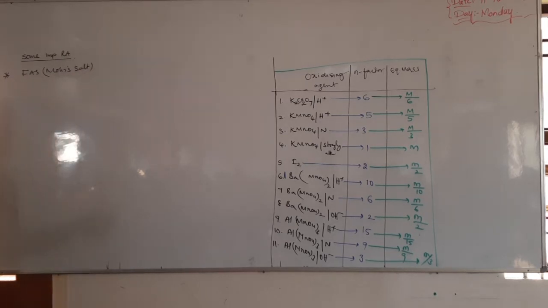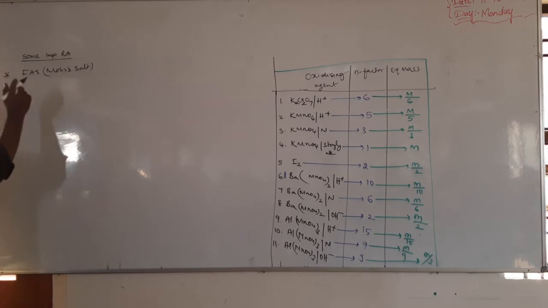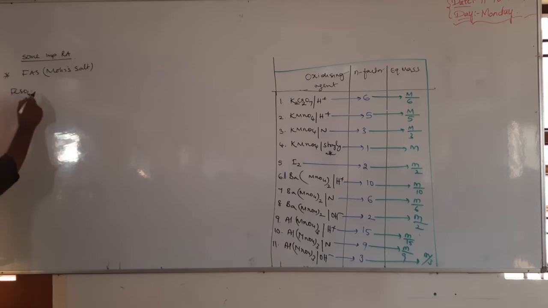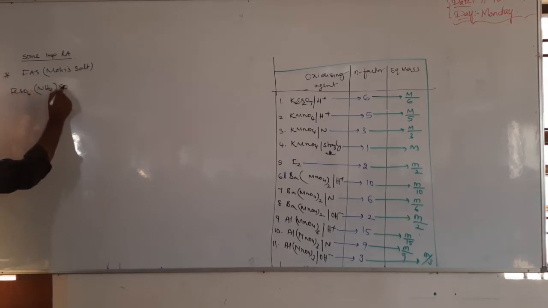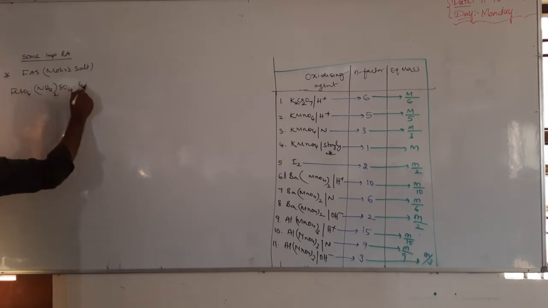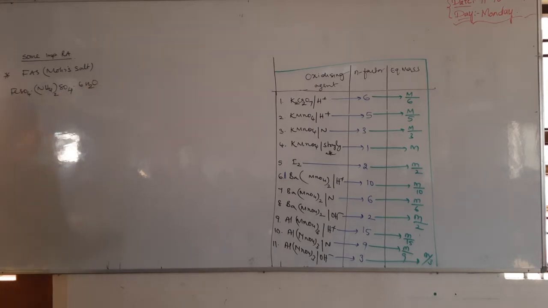So what is the composition of Mohr's salt? F means ferrous sulfate, A means ammonium sulfate, and 6H2O. Ferrous sulfate, FeSO4, ammonium sulfate, (NH4)2SO4, and 6H2O, because it is a hydrated salt.